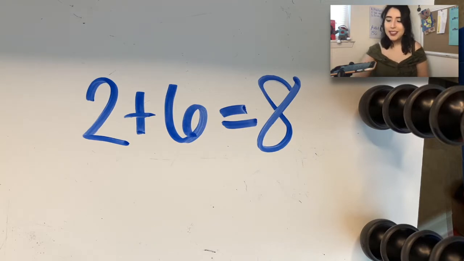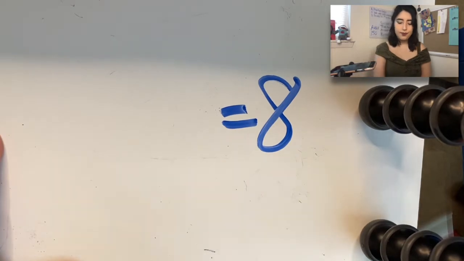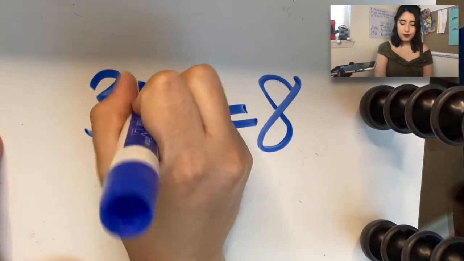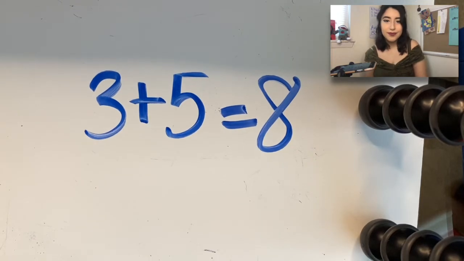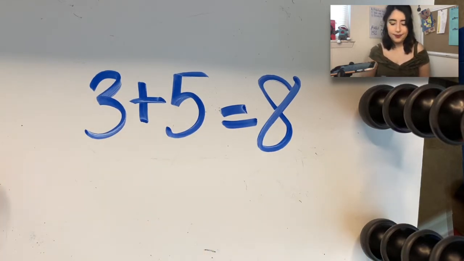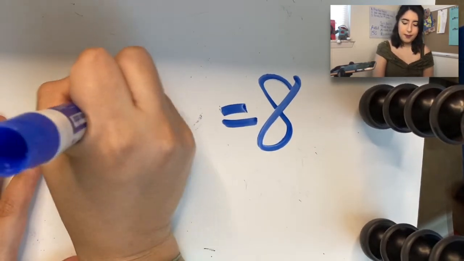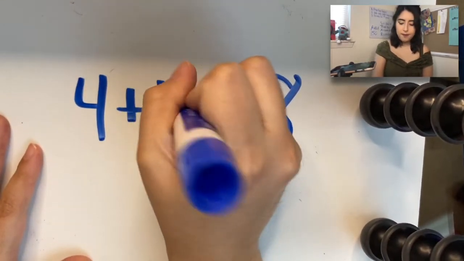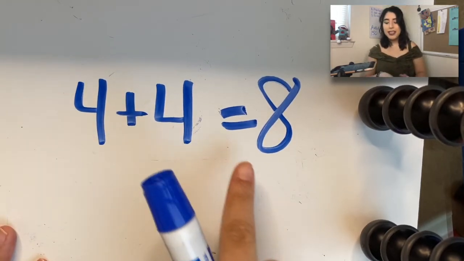Two plus 6 equals 8. Three plus 5 equals 8. Four plus 4 equals 8.